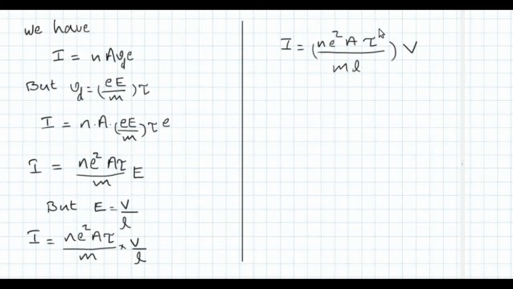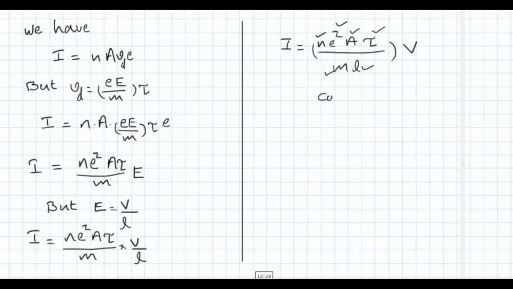Then tau is the relaxation time for a given conductor, a constant. M is the mass of the electron, a constant. L is the length of the wire, which is again a constant. So all these terms are constants. So I is equal to a constant into V.